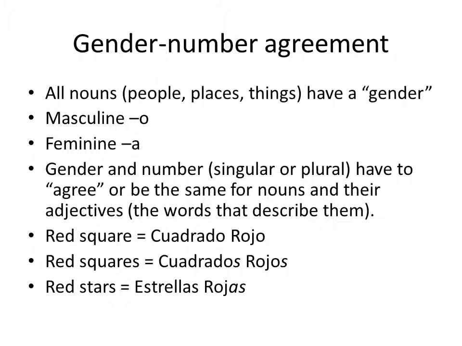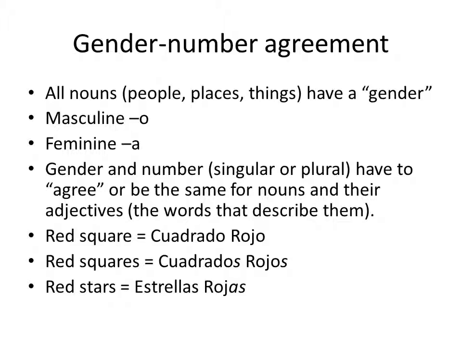So for example, if we want to say red square, red is the adjective and square is the noun. So the noun square is cuadrado and the adjective red is rojo. So we would say for red square, cuadrado rojo.